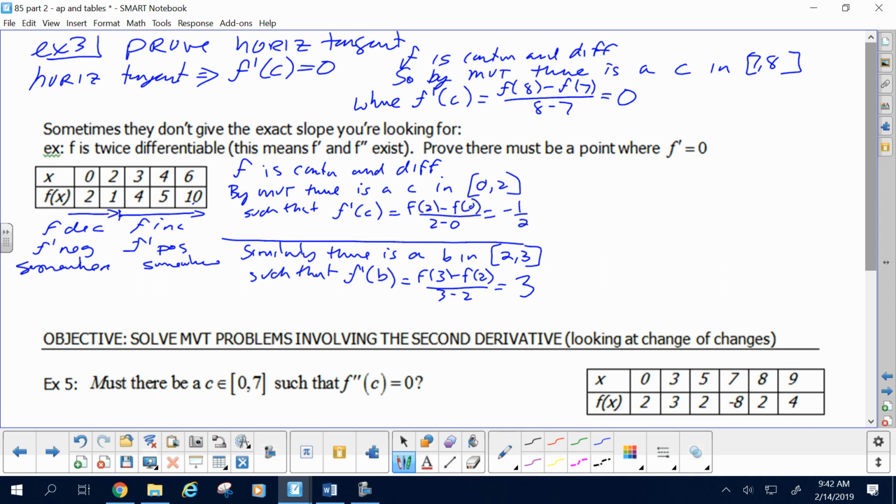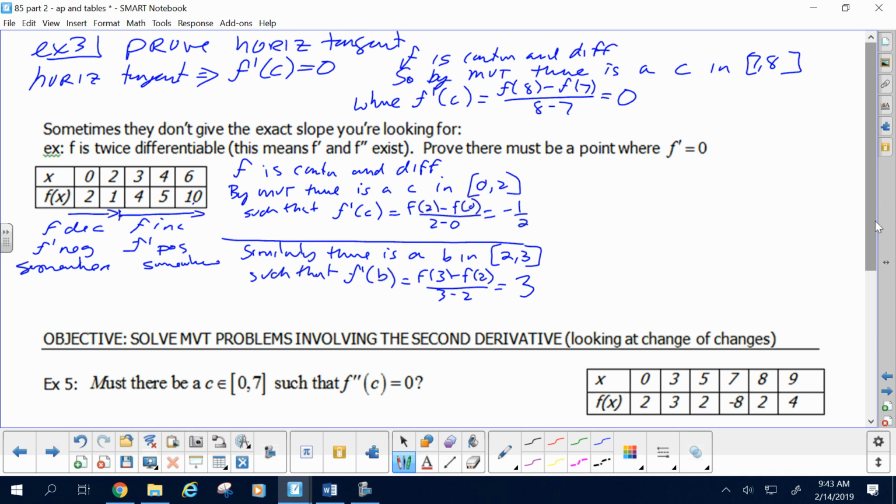Now, we just established that there's some point in 0 to 2 where f prime is negative, and there's another point in 2 to 3 where f prime is positive. It can't go from negative to positive without passing through 0, assuming that f prime is continuous. Is f prime continuous? Why?